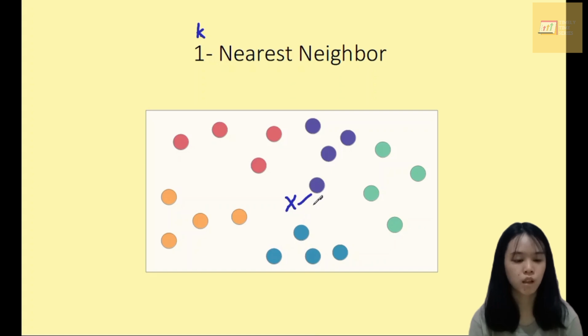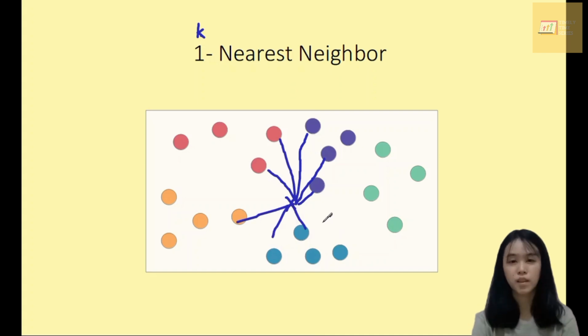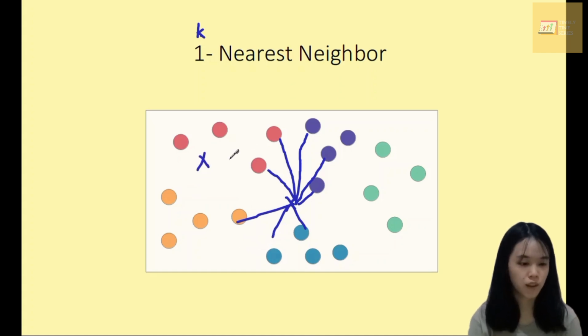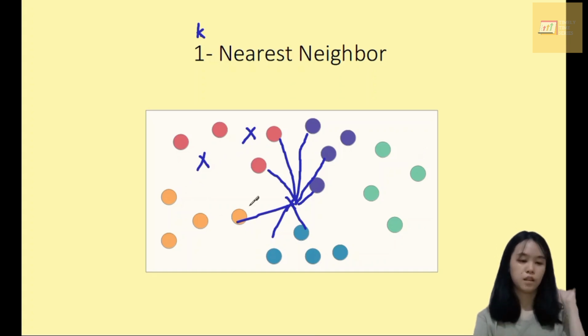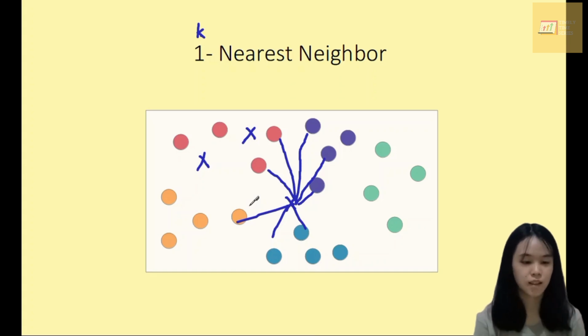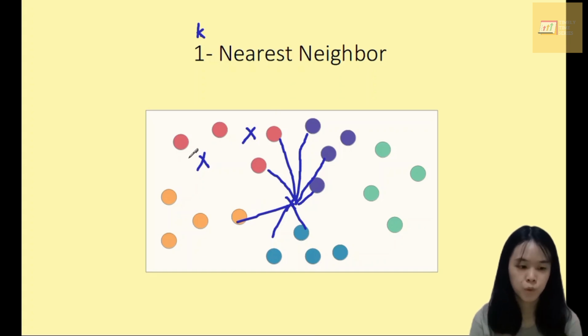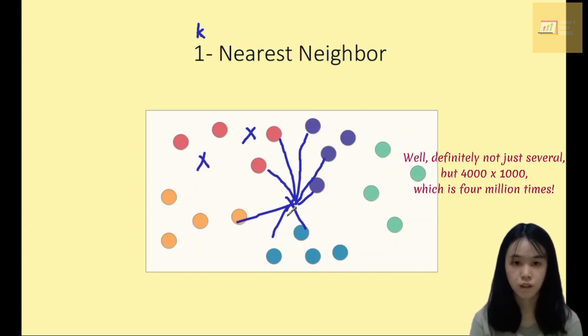And to do that, we calculate the distance between X and each data in the training data set. That's for one data only. We have 1,000 recordings in the validation data set, so we have 1,000 X's. So to compute the distance between all X and all data in the training data set, we would need to take the shape descriptor for each data in this space several times.